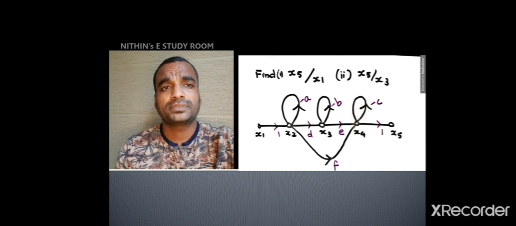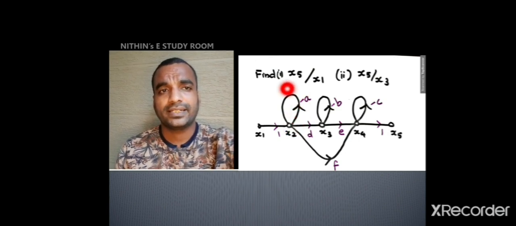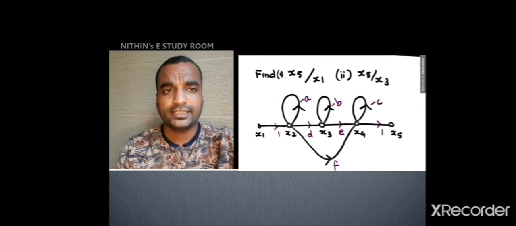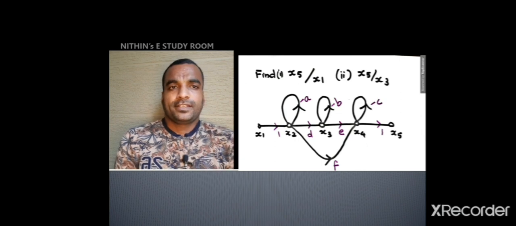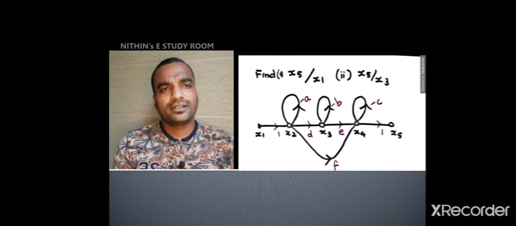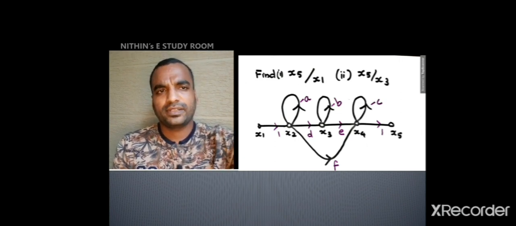So the loops are named L1, L2, L3, and what are their gains? The gain of L1 is minus a, for loop 2 the gain is minus b, and for loop 3 the gain is minus c. So I think there is one more loop. Is this a loop?